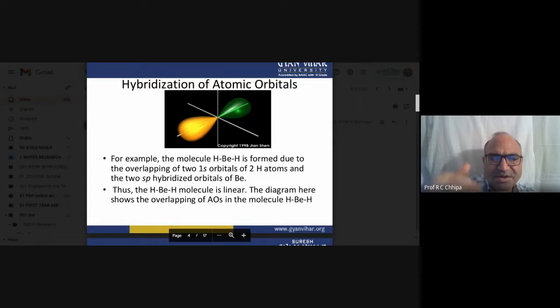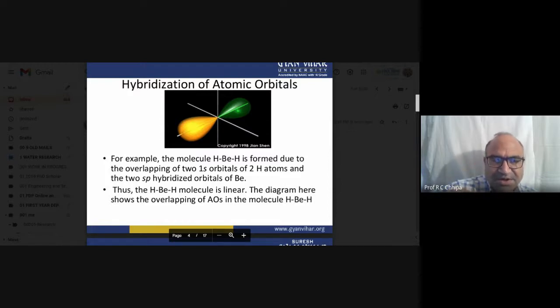But on excitation, in case of hybridization, because the ground state electrons are excited when a compound is formed, a new electronic configuration of beryllium appears.